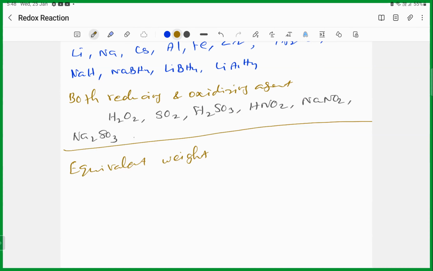The equivalent weight is the molecular weight divided by the number of electrons transferred, or electrons gained or lost, in the balanced chemical equation. Equivalent weight means, when the reaction is going, how much amount is required to complete the reaction stoichiometrically.